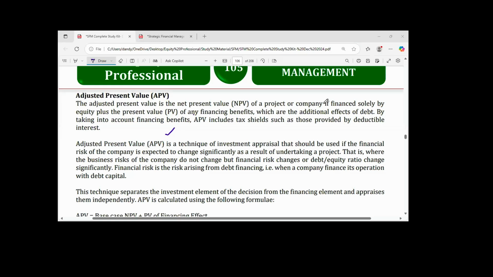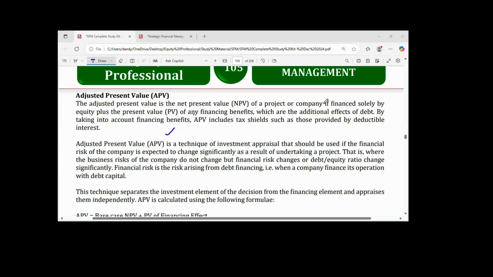I take it again. APV is a technique that is designed principally to evaluate a project when financial risk or debt equity proportion of a company is expected to change as a result of undertaking a project.